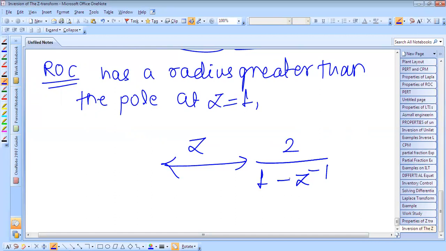What is ak? 2, minus 2, and that is a dk raised to power n. So what is dk here? dk is 1, so 1 raised to power n into u of n.